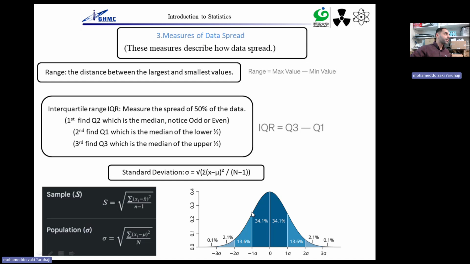This area is divided. We divide it into, for example, one standard deviation away from 0. Now this 0 is technically my mean. We start from my mean. How far am I from my mean?